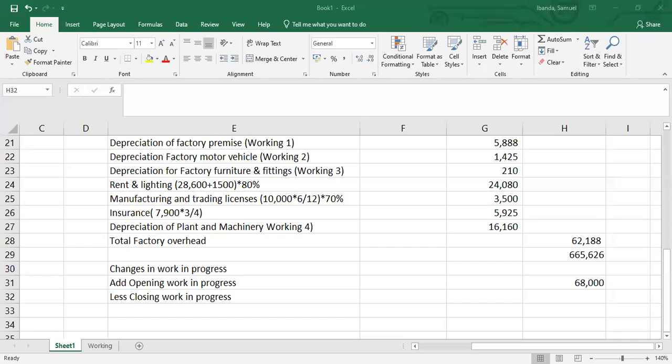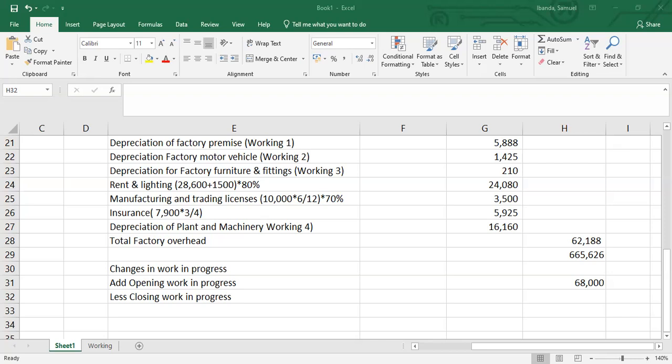But we have not yet gotten to the cost of goods fully manufactured. That's why we are trying to keep on adding more information right there.